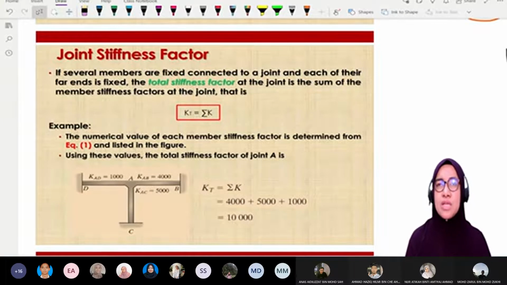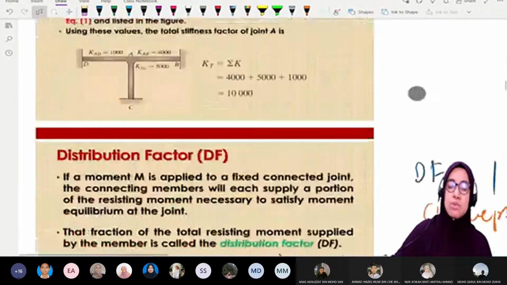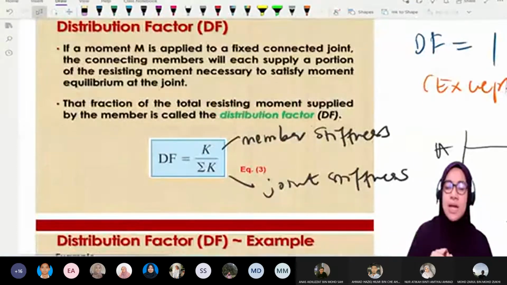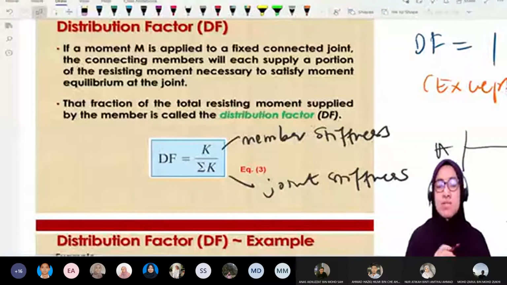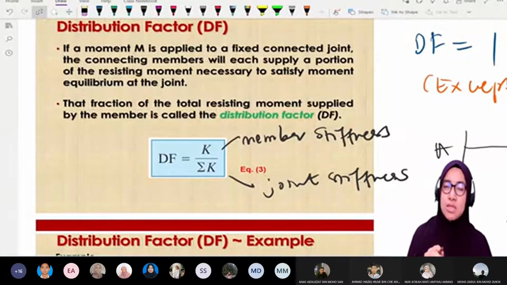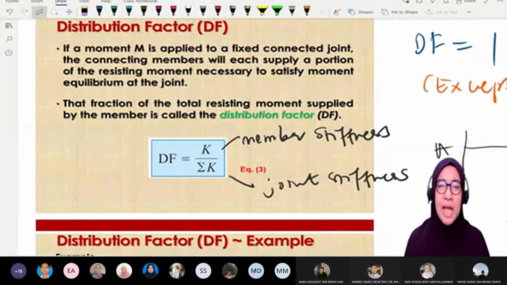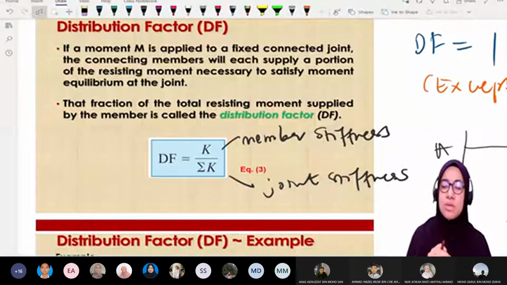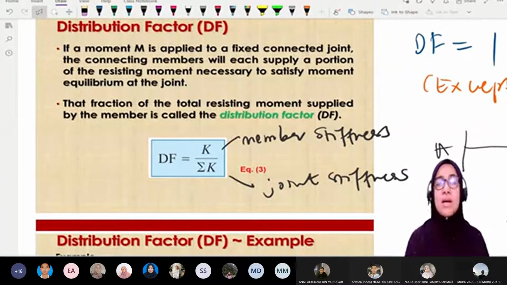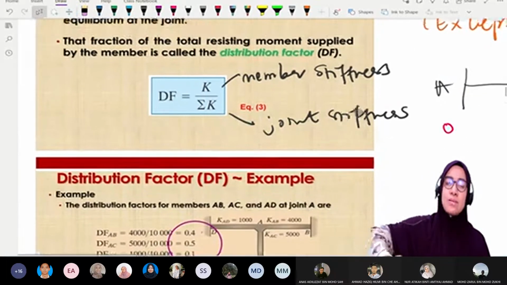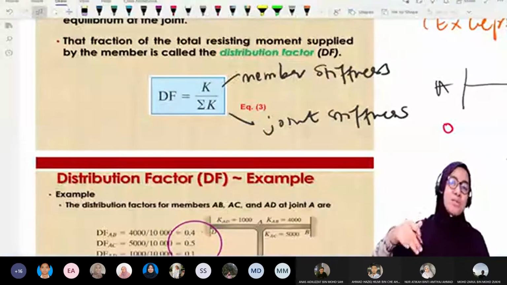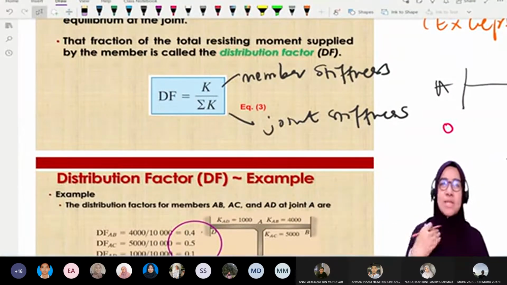Okay, why we need to have joint stiffness? Because we want to calculate distribution factor. And distribution factor ni, we will use it to distribute moment. And the moment that we distribute is joint moment. So nanti kita nak calculate end moment, kita akan gunakan joint moment times distribution factor.